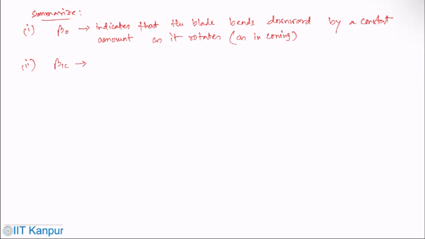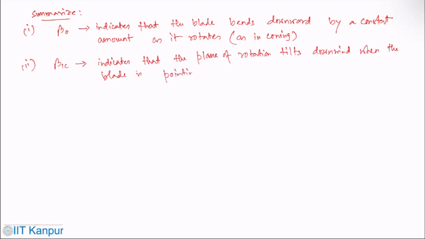Beta 1c, say, indicates that the plane of rotation tilts downwind when the blade is pointing down and upwind when pointing up.